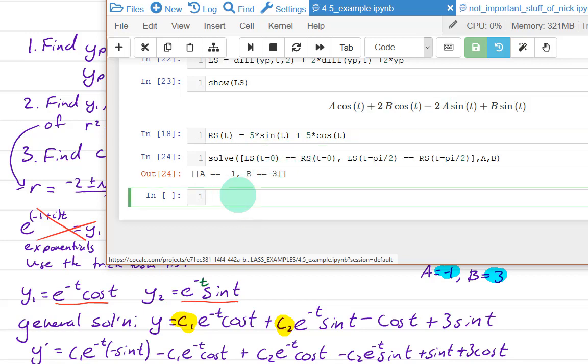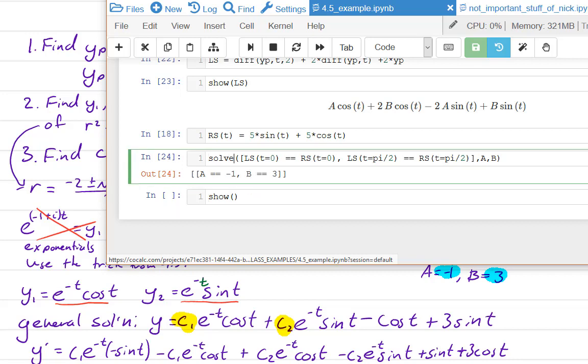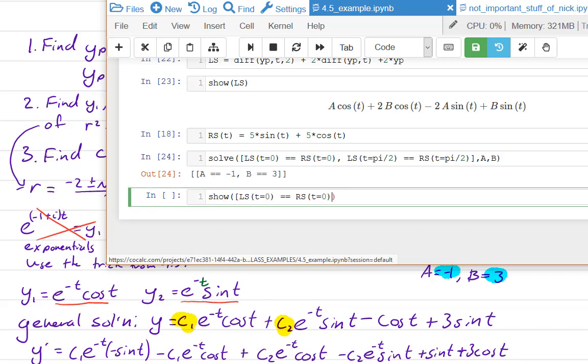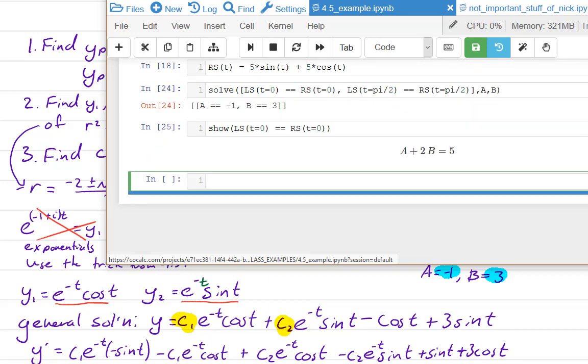I can actually see what that looks like if I just write out show that equation here. I'm going to copy this, put that in there. Oh, and I have an extra brace there.